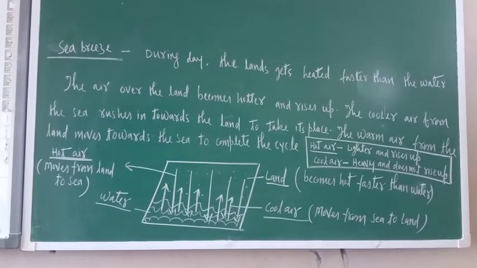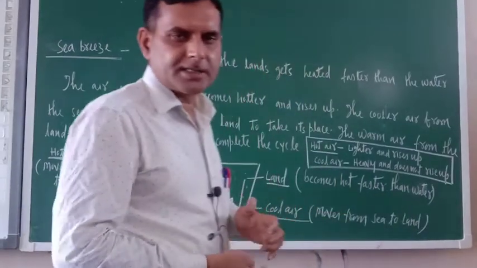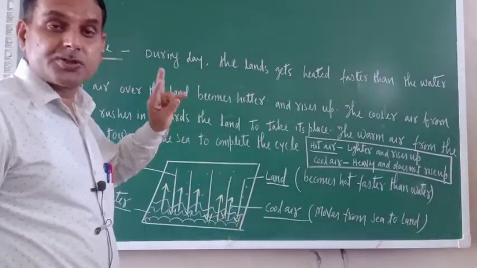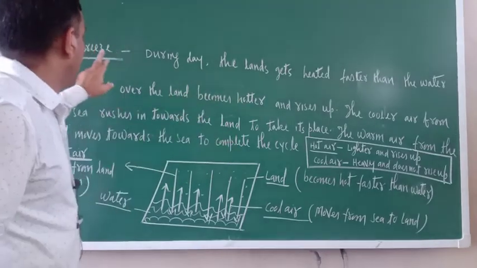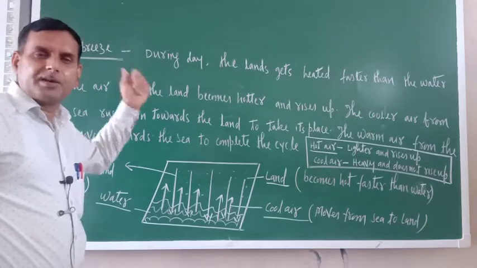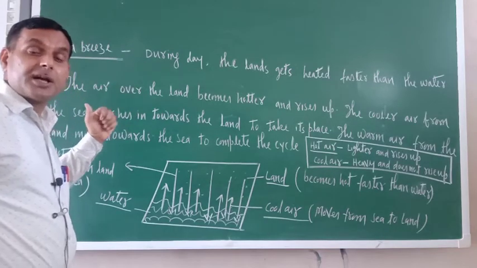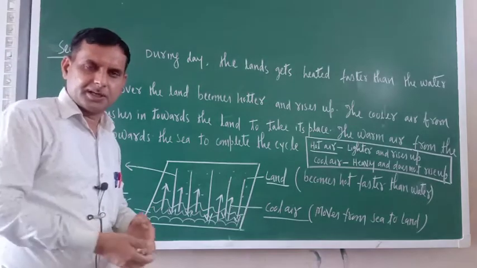Okay. So just see here. As I told you, people living in coastal areas experience two very interesting phenomena. One is called sea breeze and another one is called land breeze. So first you understand what the sea breeze is.